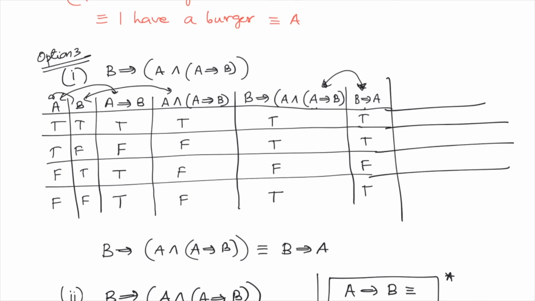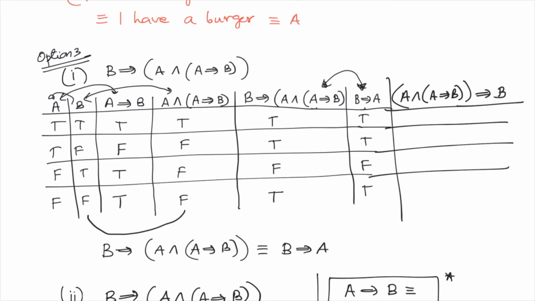Just add one more column here. B implies A and A implies B. No, I'm sorry, it has to be the other way around. So we need to have A and A implies B implies B. Let's see how this can be done.